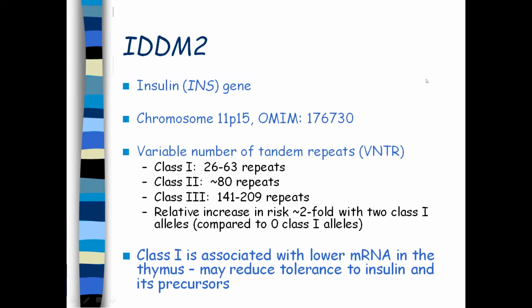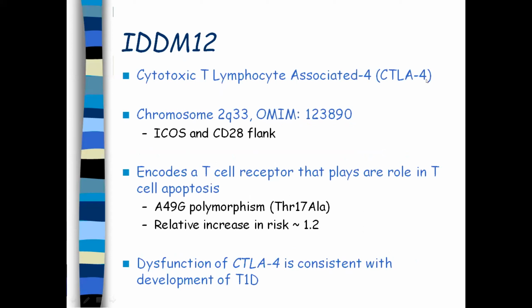So IDD M12, that is cytotoxic T lymphocyte associated 4, CTLA4, on chromosome 2q33. It encodes a T cell receptor that plays a role in T cell apoptosis. So that may be THR17ALA and the relative increase in risk is 1.2.